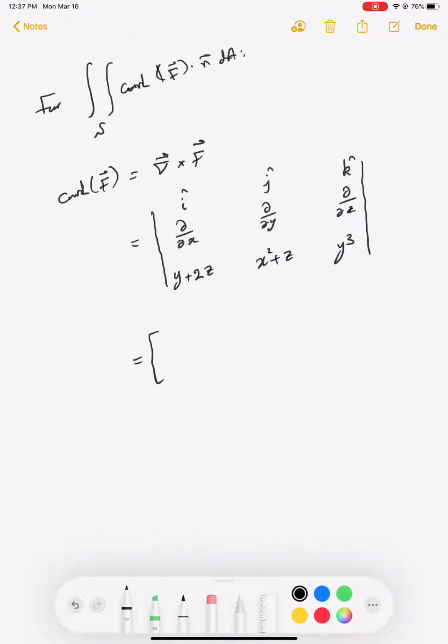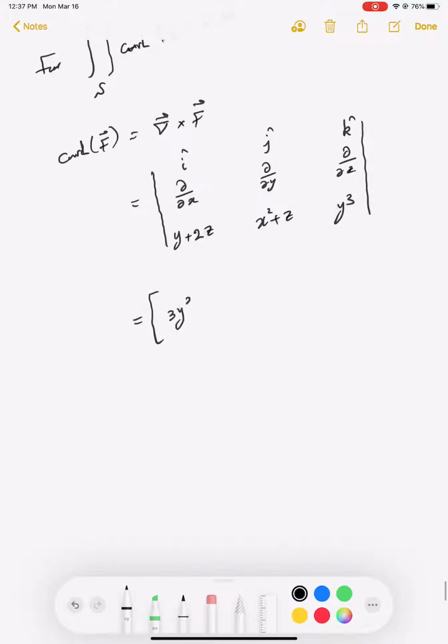You compute what's with the i, it's 3y squared minus 1. What's with j? The j has a built-in negative sign, so you remember it has a negative sign. Then it's 0 minus 2, so it will be positive 2. And with the k, it's 2x minus 1. So this is the curl.